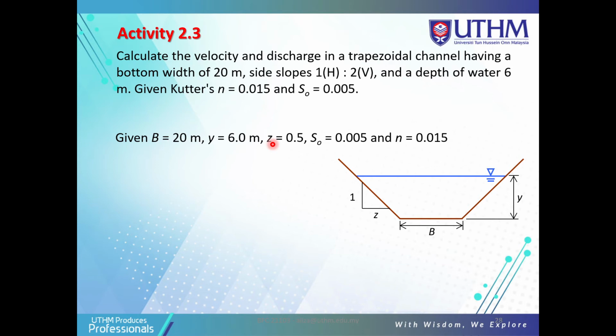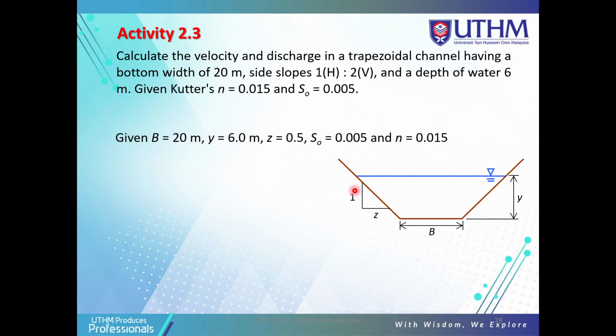Calculate the velocity and discharge in a trapezoidal channel having a bottom width B of 20 meter, side slope 1 horizontal, 2 vertical. So 1 horizontal and 2 vertical.